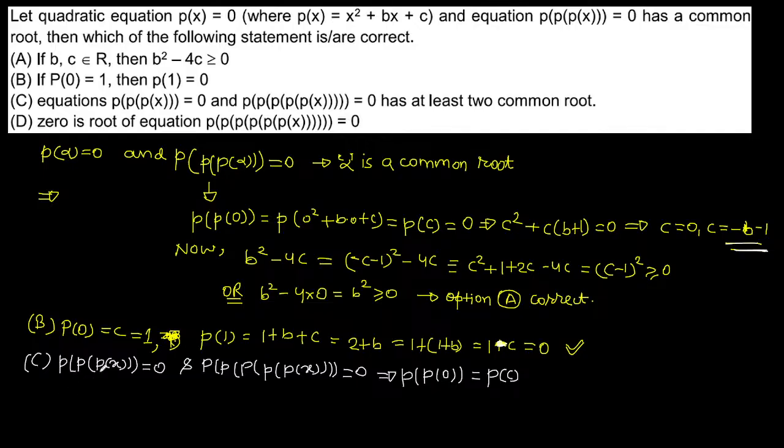And from here, if we get p(x0), we get p(c) equal to 0. This is equal to 0. So we have one common root.